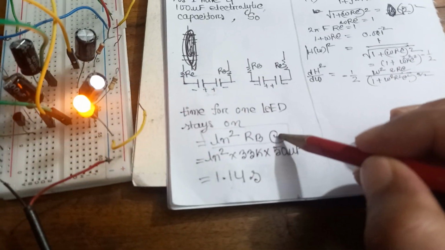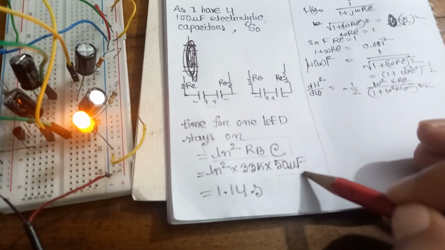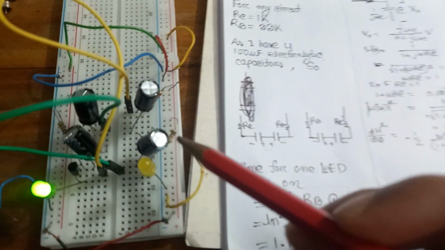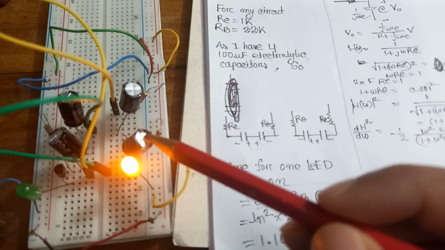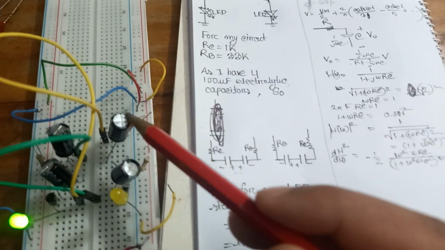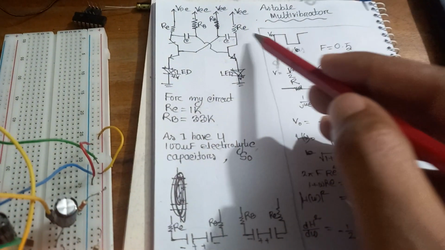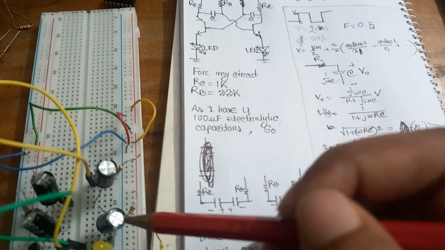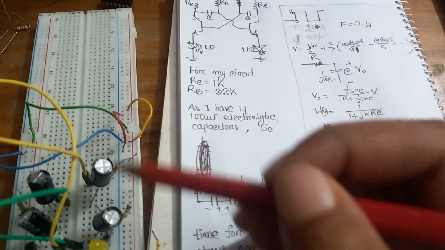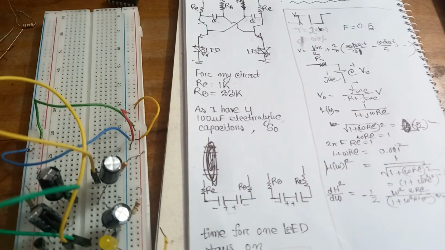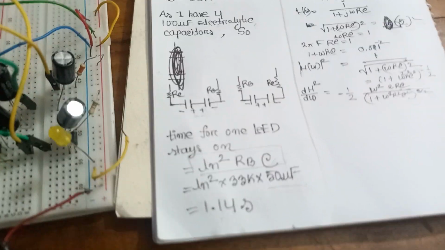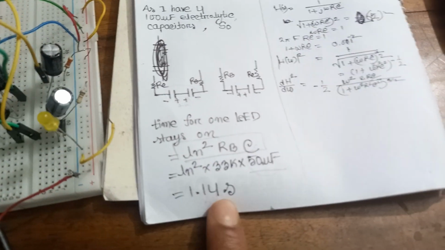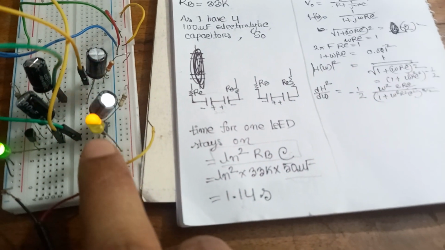And this C is actually 50 microfarad, as I mentioned previously. This is 100 microfarad and this is also 100 microfarad, both in series and making this C. That means 100 and 100 in series, the equivalent capacitance is 100 divided by 2, that means 50 microfarad. So this is the time, 1.14, for which one LED is in the on position.